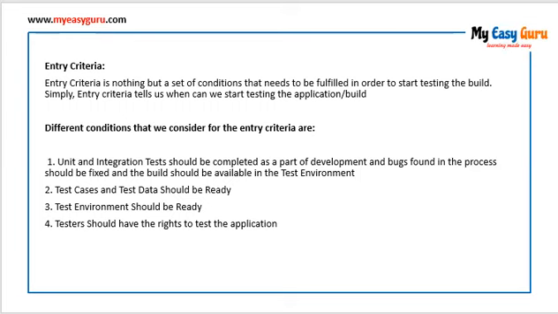Then active bugs in the process should be fixed. There shouldn't be any active bugs, and the build should be available in the test environment. Test cases and test data should be ready. It is an obvious condition. I mean, test cases and test data should be ready to test the application.